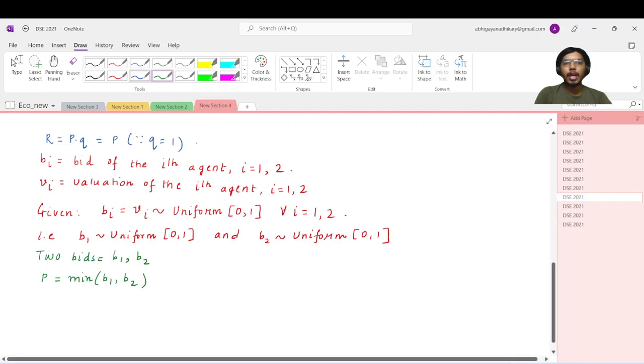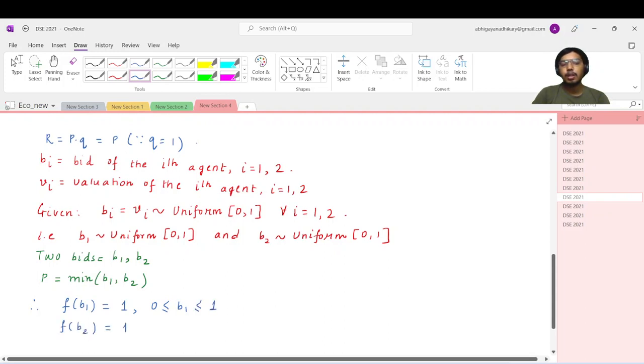And what we are looking at is that we want to find out the expected revenue over here. Now look at this, P is equal to minimum of B1, B2. So B1 follows uniform 0, 1 and B2 follows uniform 0, 1. What does this mean? What is the PDF of B1? It is 1, where B1 ranges from 0 to 1, right? And the PDF of B2 is how much?